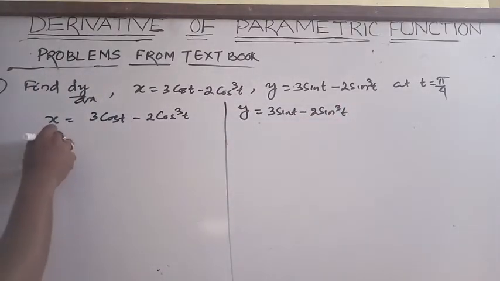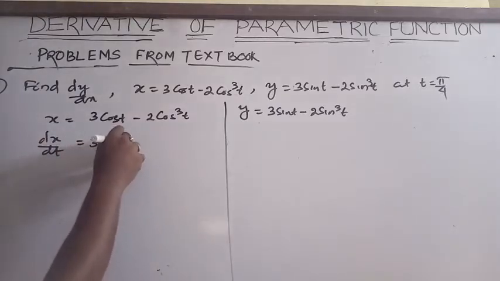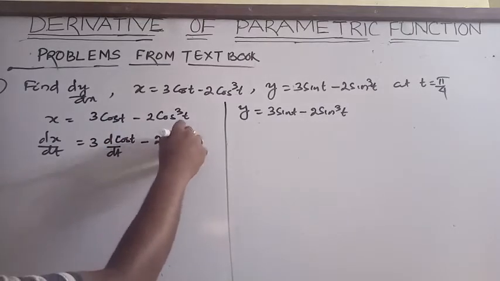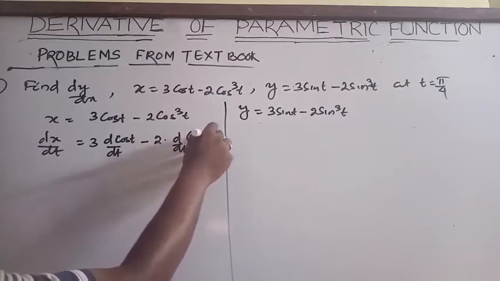So dx by dt: 3 constant, d cos t by dt, 2 constant, d by dt of cos cube t, which means cos t whole cube.